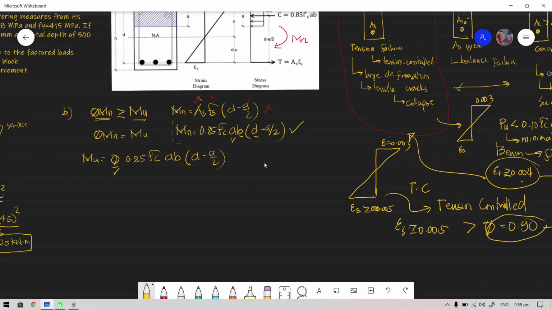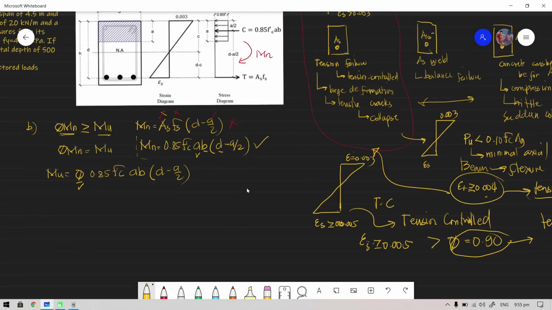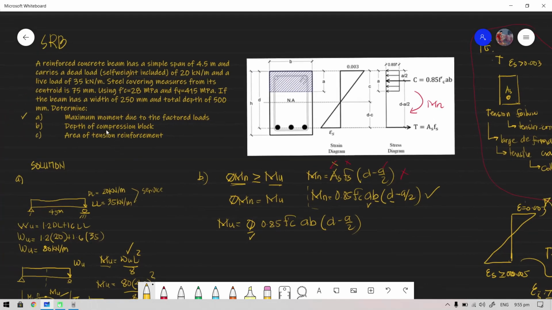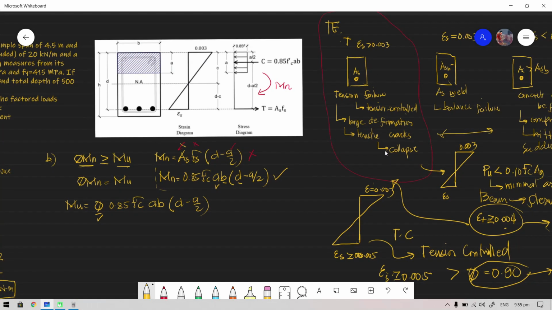Okay, kung walang sinabing condition sa problem, hindi naman niya sinabing i-design natin siya in balance or in tension control. Okay? So, tayo magdidikta kung ano yung magiging behavior ng beam. Pero ang recommendation ng code, at least ang ET is 0.004 or mag-yield.